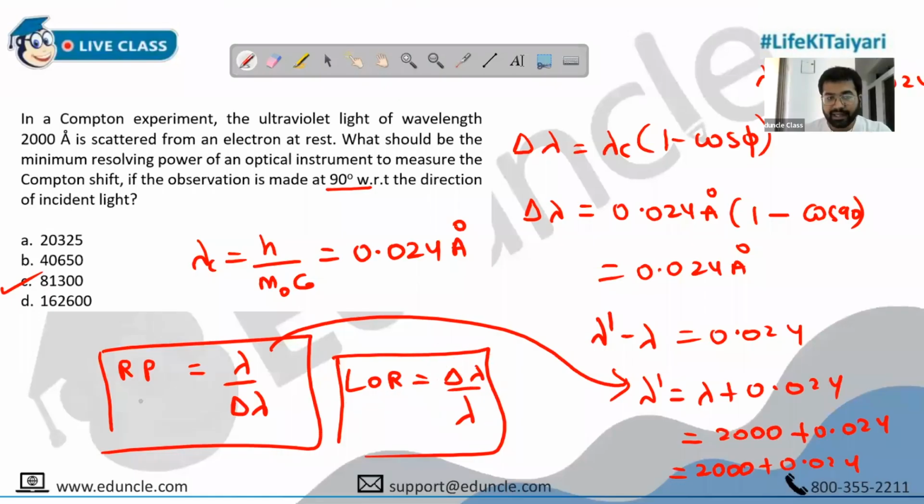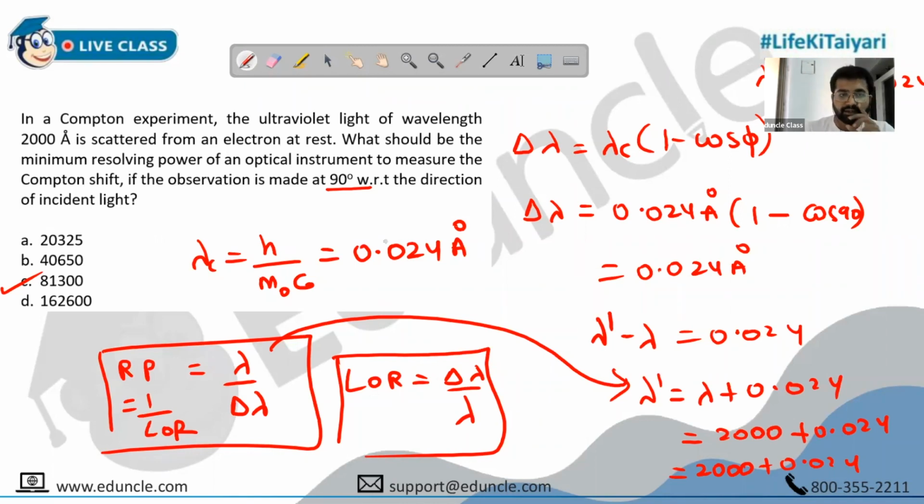The linear distance between them at which this just happens is your limit of resolution, and the angular distance at that position becomes your angular limit of resolution. The reciprocal of it is known as resolving power. So resolving power is 1 upon limit of resolution, which means it becomes lambda upon delta lambda. Clear?